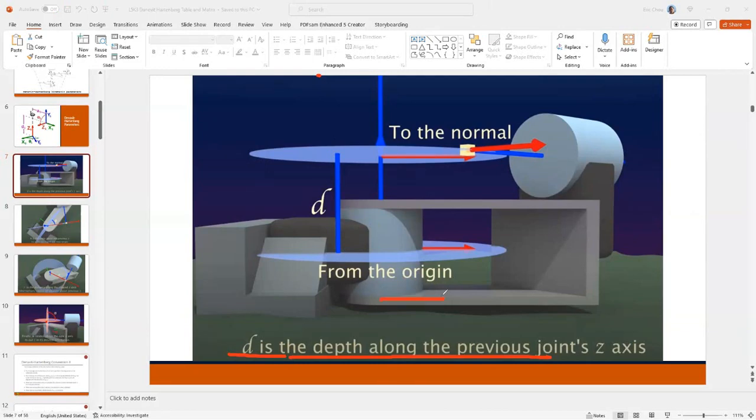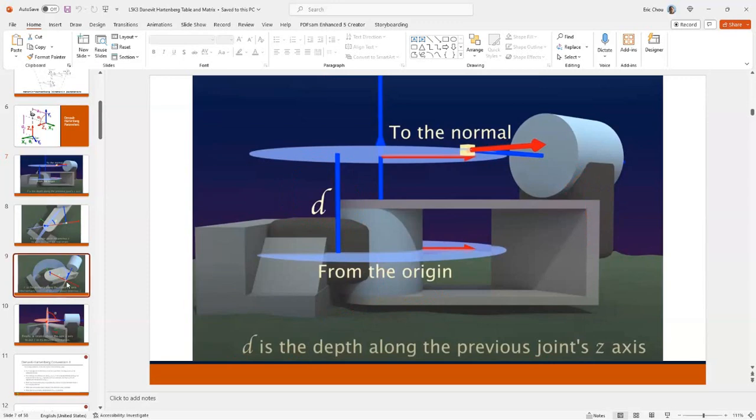If your base frame is right here, but your next rotator has a certain height, then that height from the base to the rotator will have a distance of d.